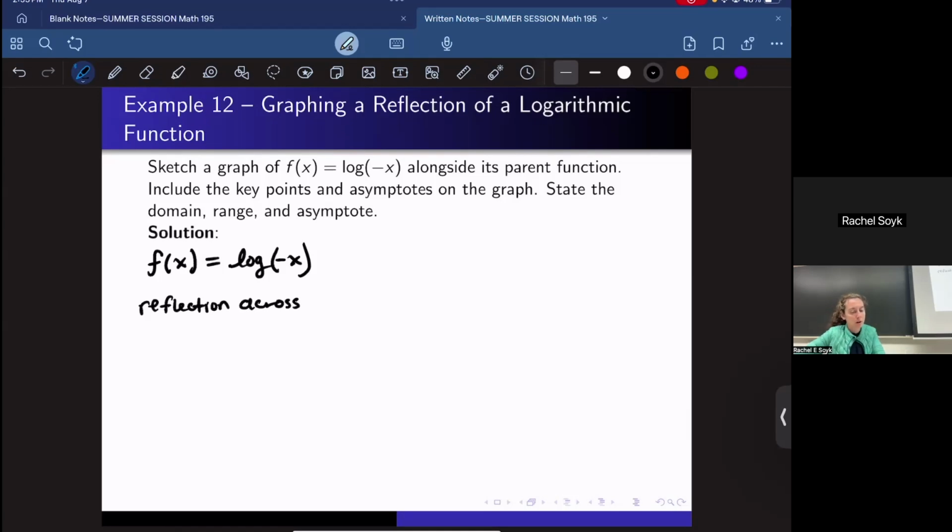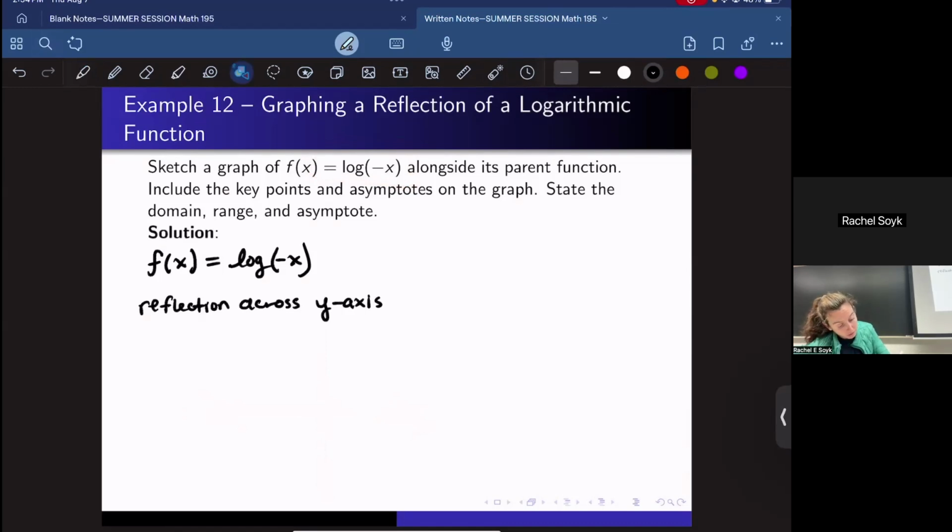Because remember, all of your once positive x values now become negative, and so it's flipping over that y-axis. It's a reflection across your x-axis when the entire function is negative. So reflection across your y-axis.